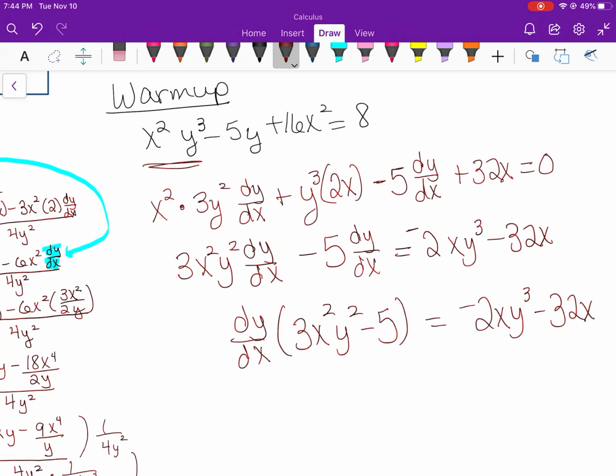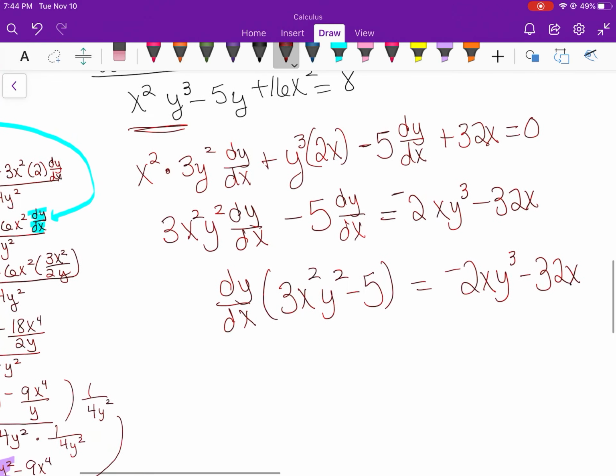Okay, so then I factored out my dy dx. The last step is to divide by what's with dy dx to give me a final answer here.